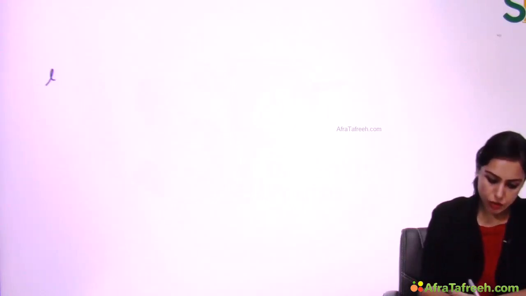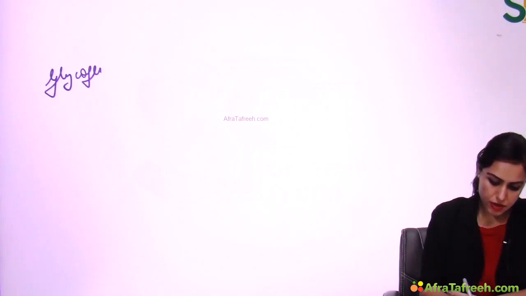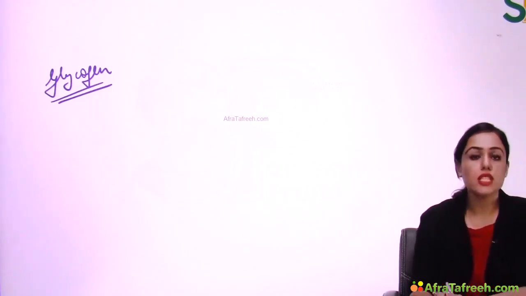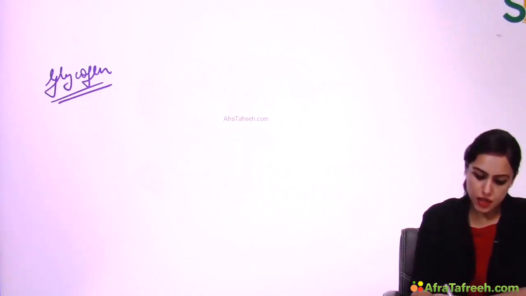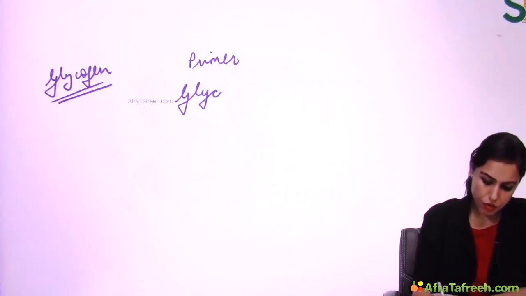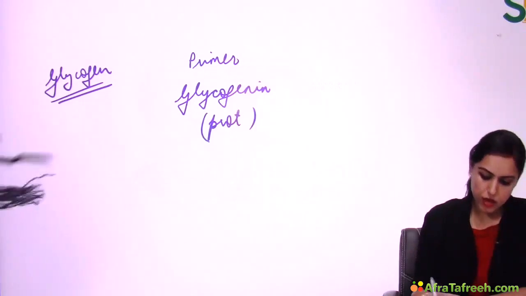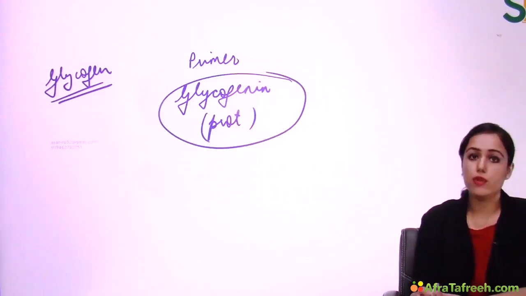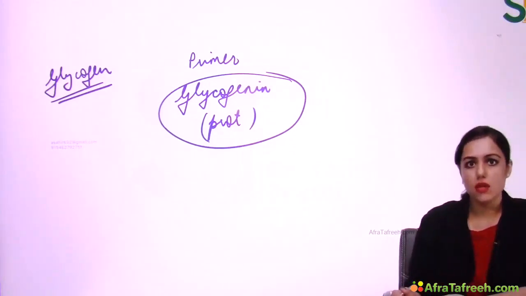Similarly, in glycogen synthesis, the enzyme glycogen synthase cannot start glycogen synthesis. It needs a primer, and the name of that primer is glycogenin. Glycogenin is a protein. It is not a carbohydrate. See, we are synthesizing a carbohydrate, glycogen, but the primer used is a protein. So I can say glycogenin is a protein required as a primer in glycogen synthesis, right?